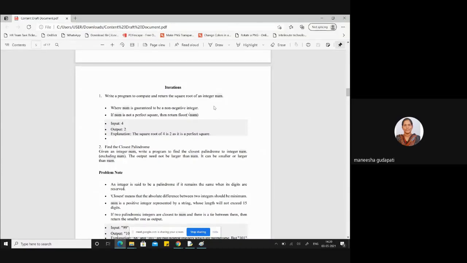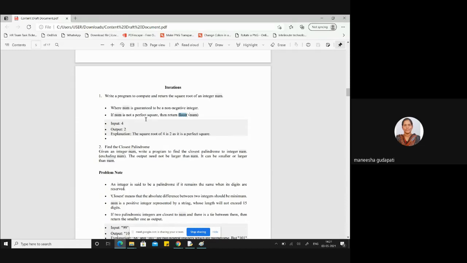You have to check that condition. That is the first constraint. The second one is, if the number is not a perfect square, then you have to return the floor of the square root of the number.